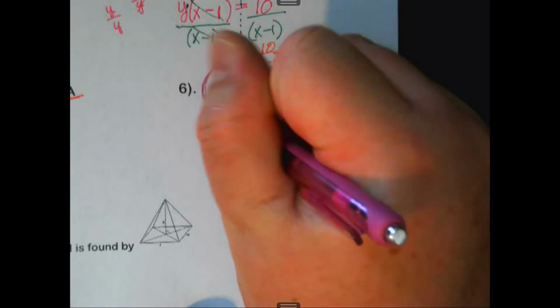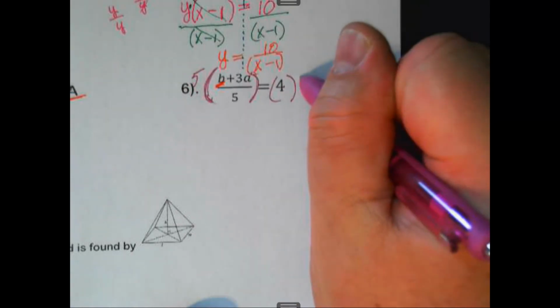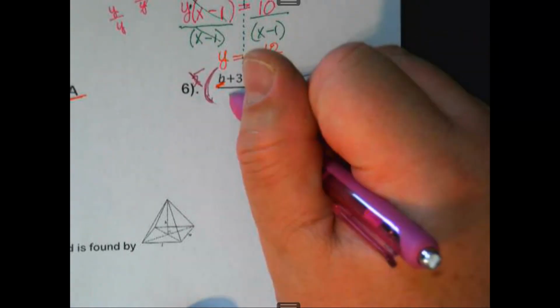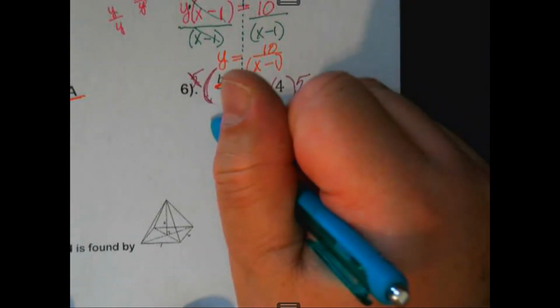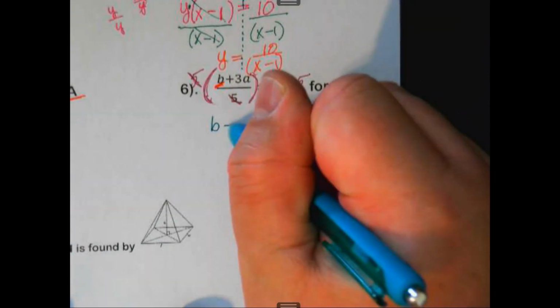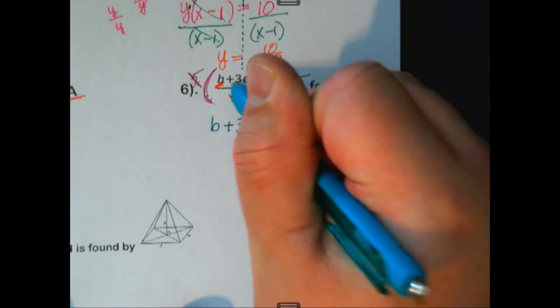So I'm going to get rid of the denominator, multiply both sides by 5. I get B plus 3A over 1, or just B plus 3A. 4 times 5 is 20.